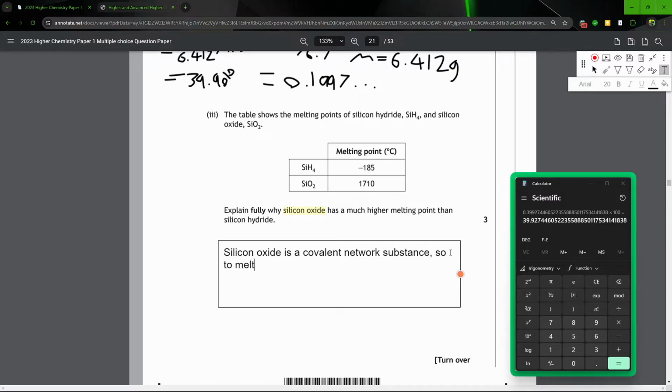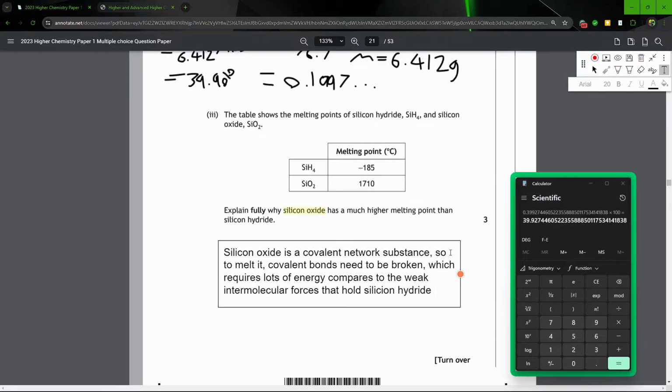So to melt it, covalent bonds need to be broken, which requires lots of energy compared to the weak intermolecular forces that hold silicon hydride molecules together.